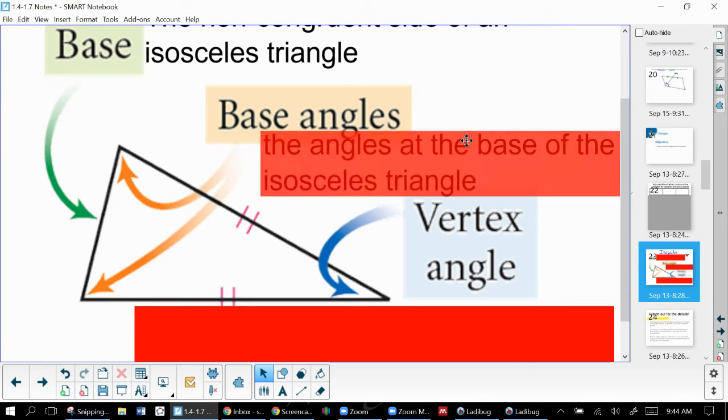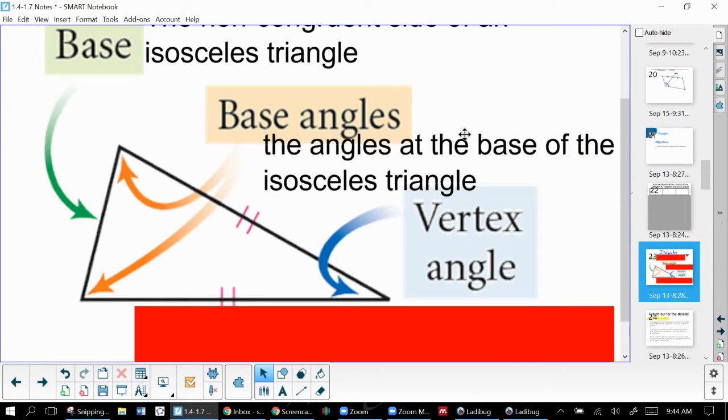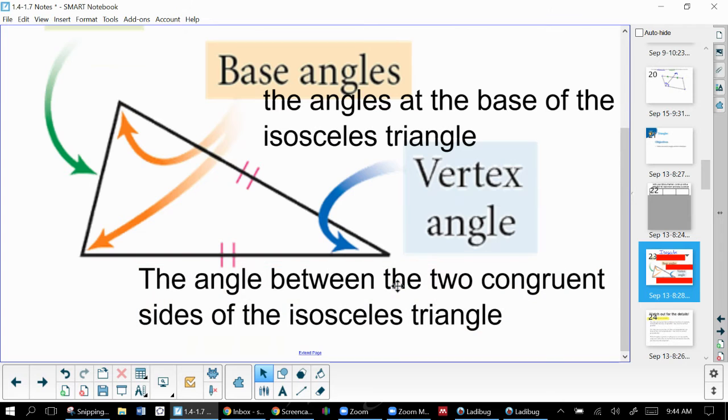The base angles, then, are the angles that touch the base. So you've got an angle that is between one of the equal sides and then the base. And there's another one over here between this base and this equal side. Then you've got the vertex angle. That's the angle between the 2 congruent sides of the triangle. We call that the vertex.